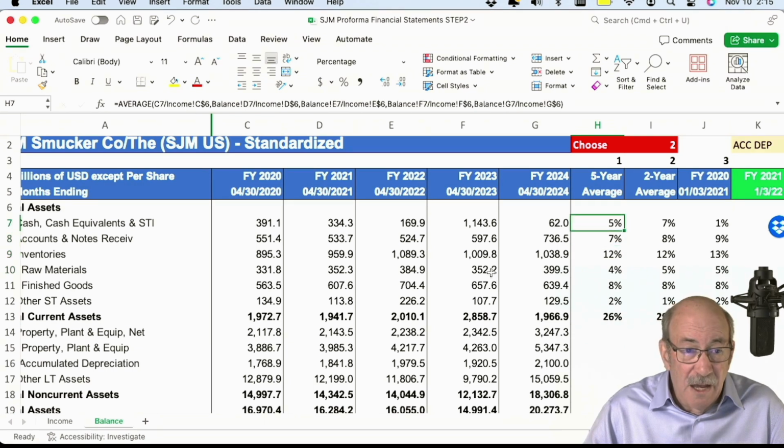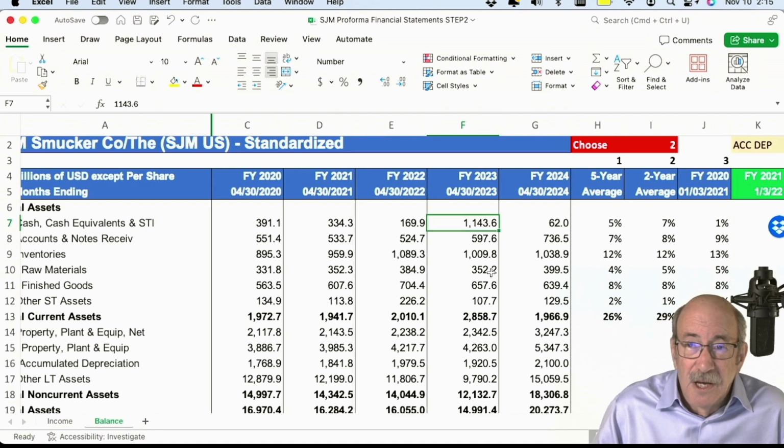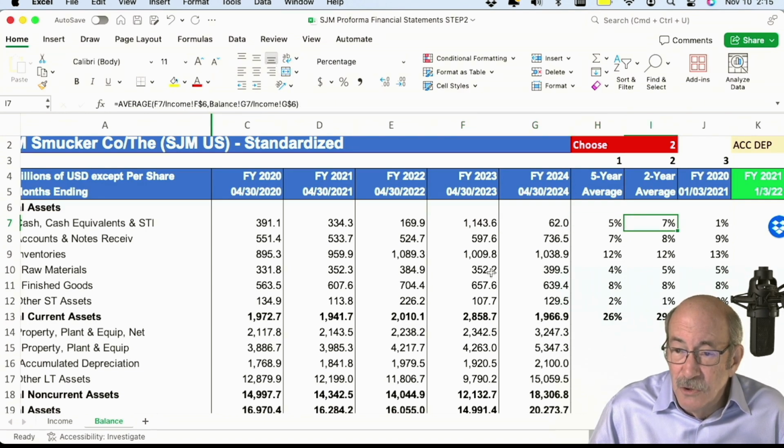So here we have cash. The 5-year average is 5% of revenue that we've had on hand. But again, notice that here we have an outlier in our cash accounts in fiscal year 23. And so when I look at the 2-year average, it gets blown up. And then I look at the most recent, and it's quite low.